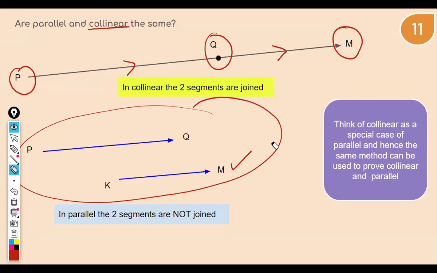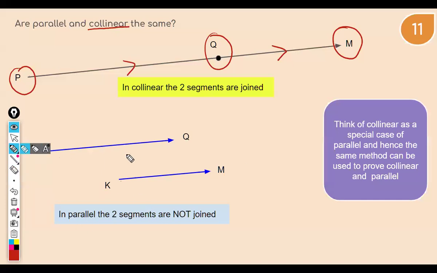If these two lines are parallel, you see how the first line is completely above the second line, they don't really have a common point. Let me say K and M grow legs now. So he grows some legs and he grows some legs. And they walk up here.